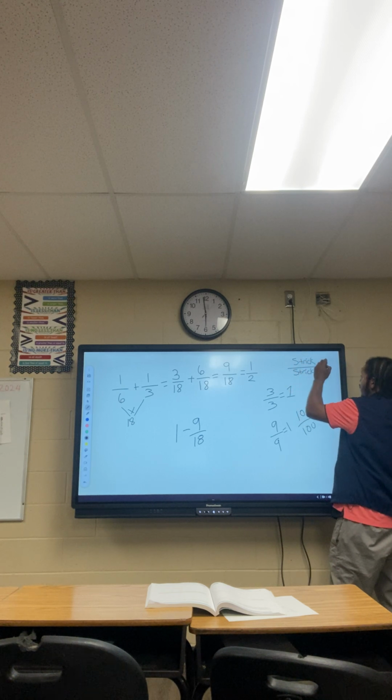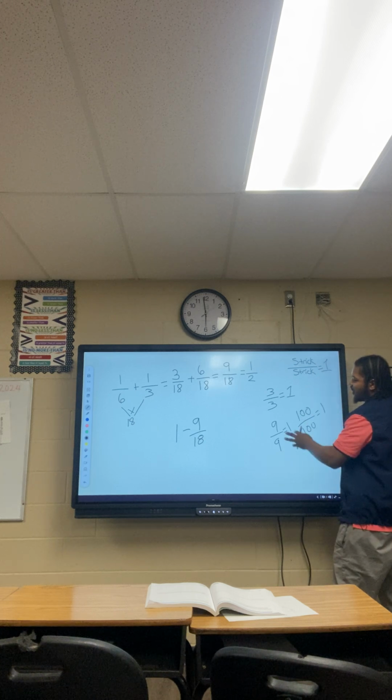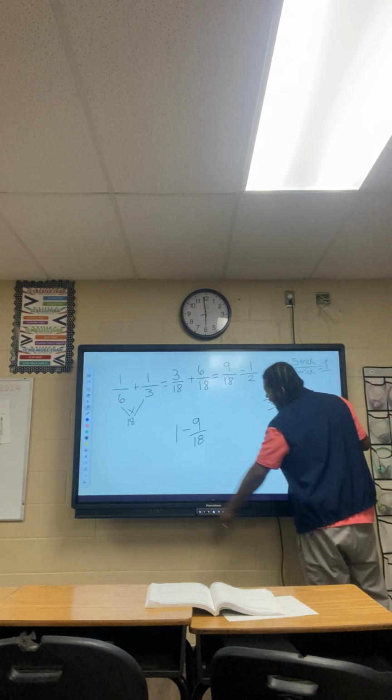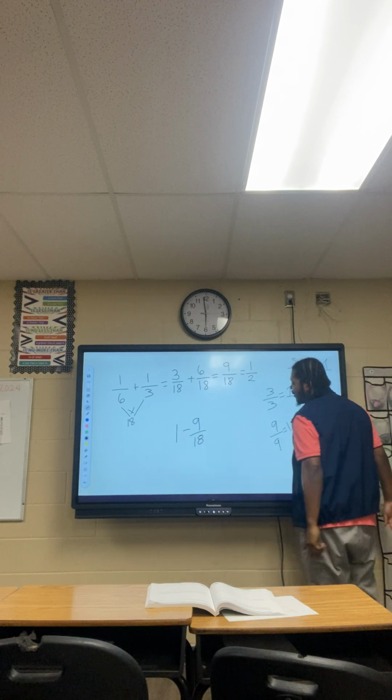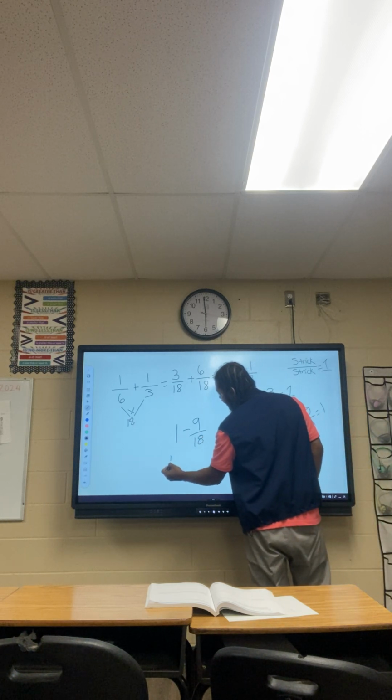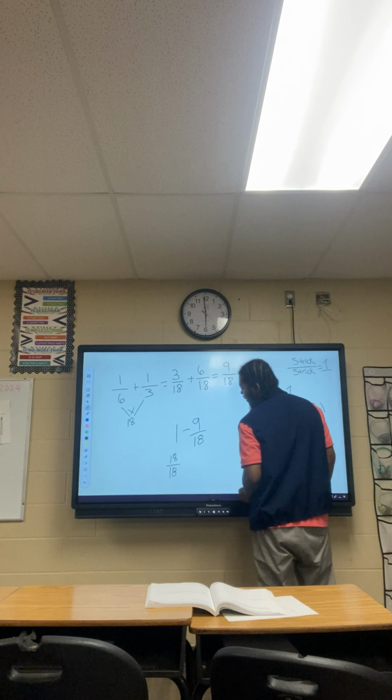This is equal to 1 as well, okay? All of these are equal to 1. So if I need to have a fraction here that equals 1 and it has to have a denominator of 18, we would put 18 over 18. So that's the full pie right there.